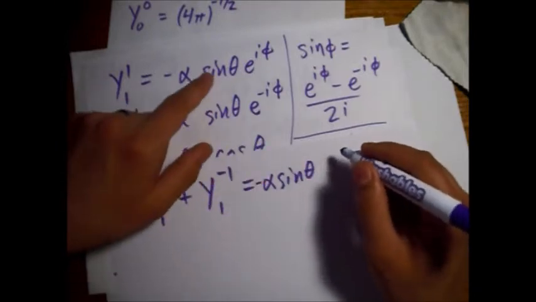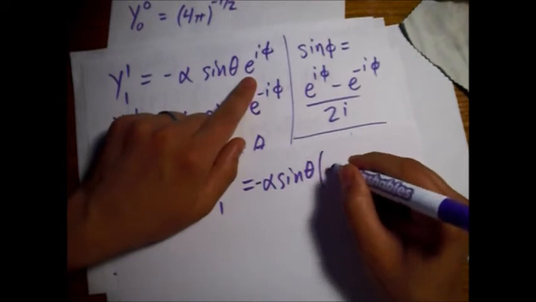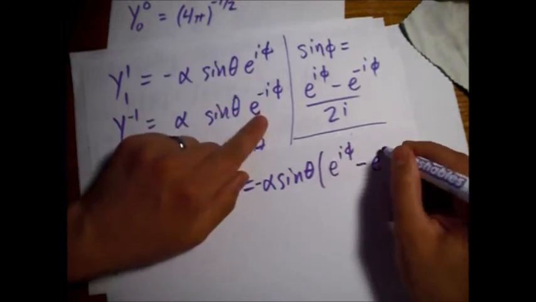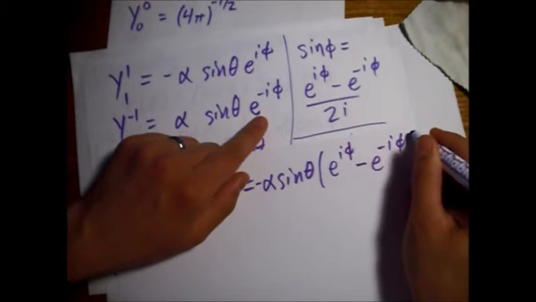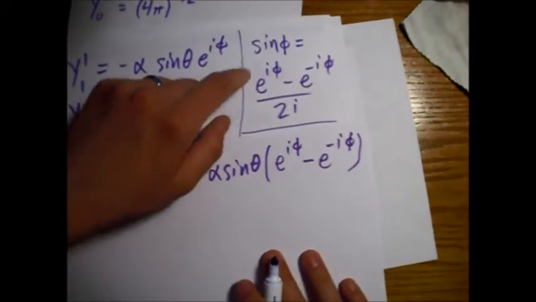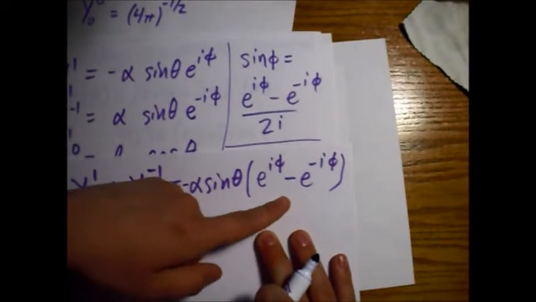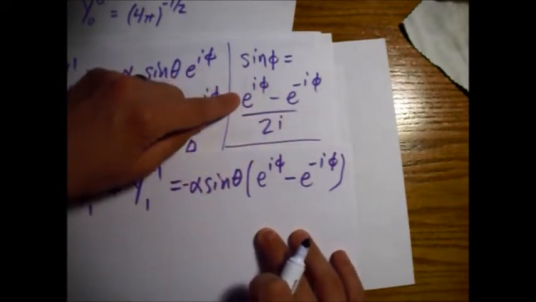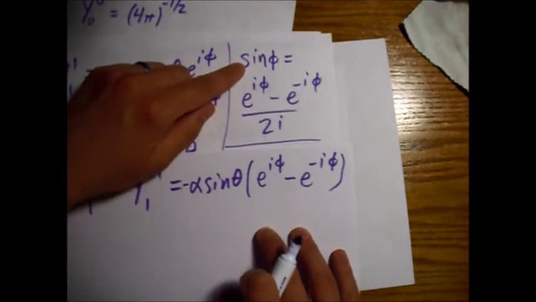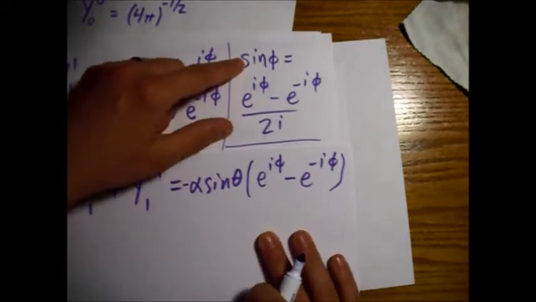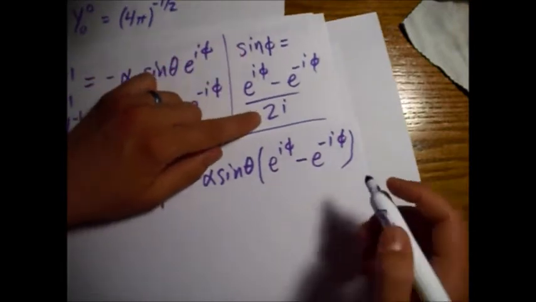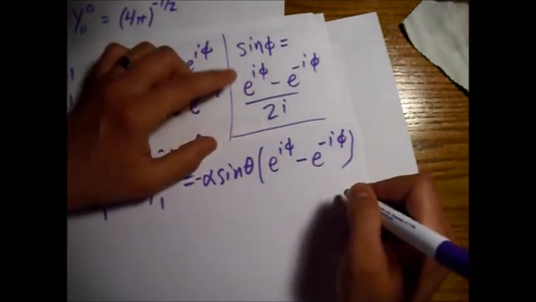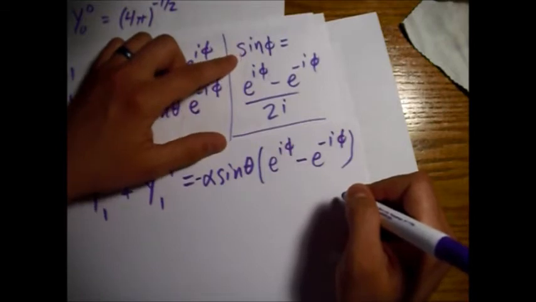So that way this one is positive, we have an e to the i phi, and this one's negative, minus e to the minus i phi. Alright, well, looky here, this looks just like the numerator of this sine of phi right up here. So all we have to do is divide by 2i, and we will have a sine of phi.